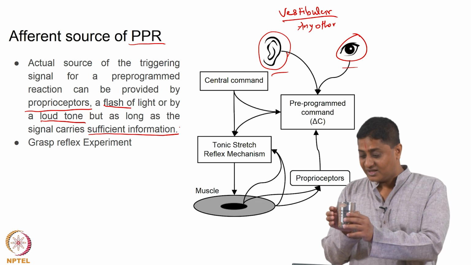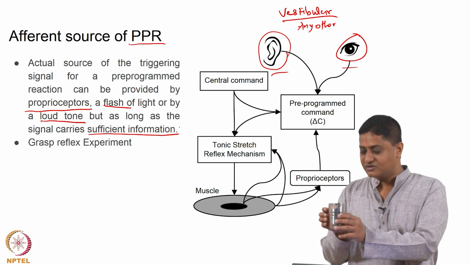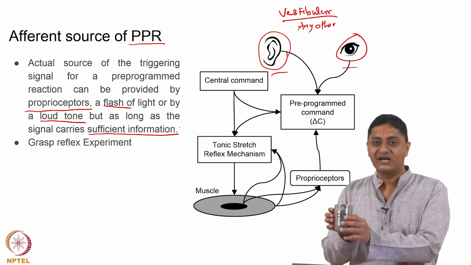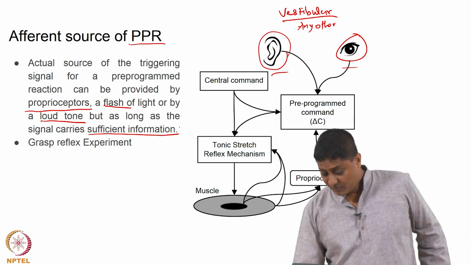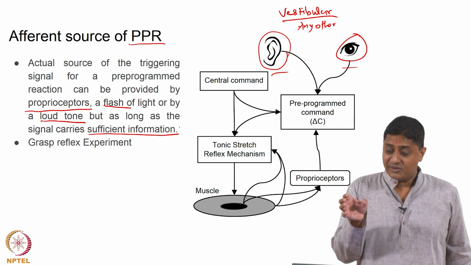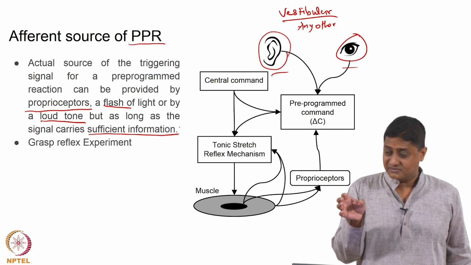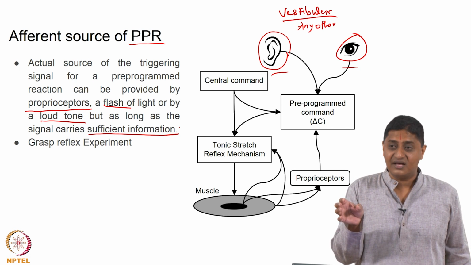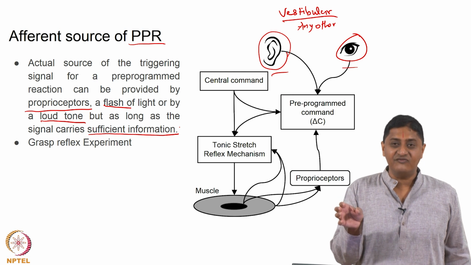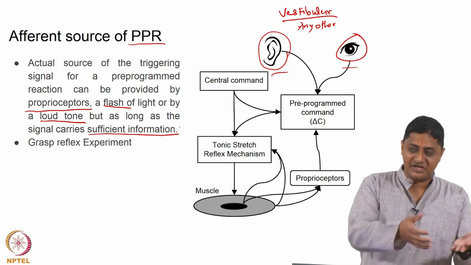So, if I keep the hand very close and disturb in some sense, for example, make a loud tone or a loud noise, people will immediately grasp. What that means is that we are pre-programming the hand and fingers to grasp the object if needed, and then we are bringing in a perturbation.